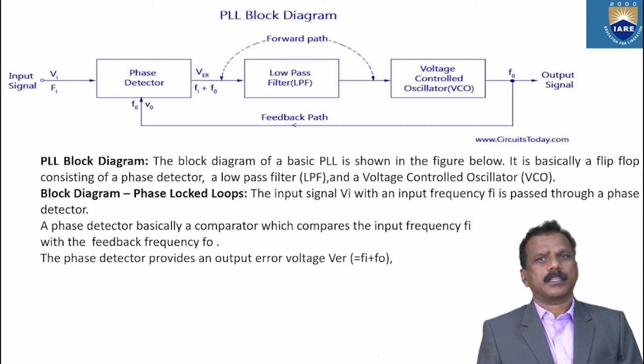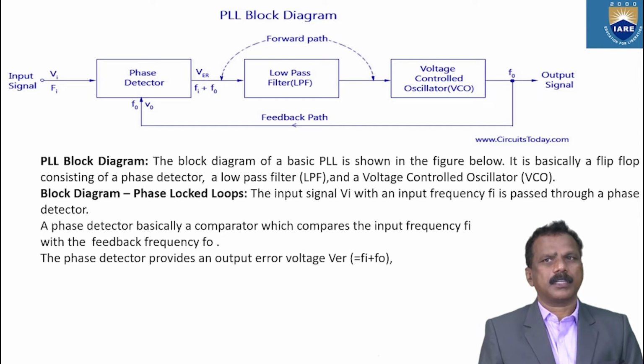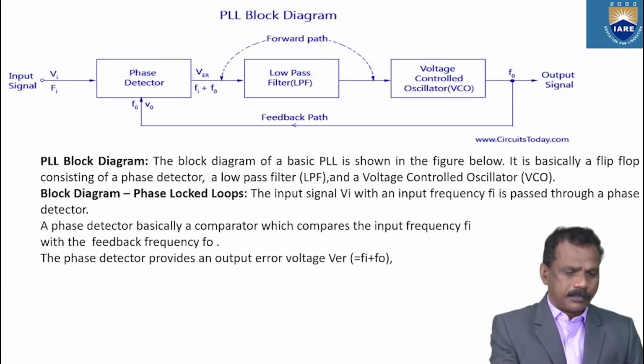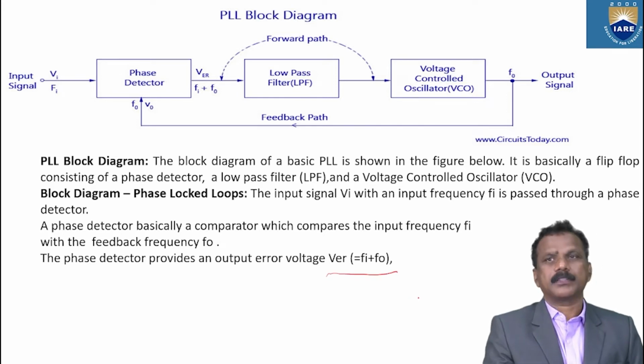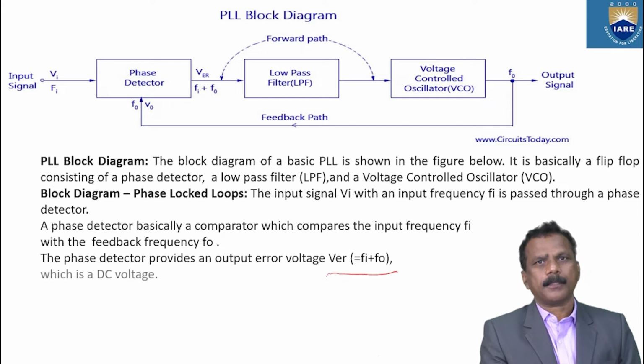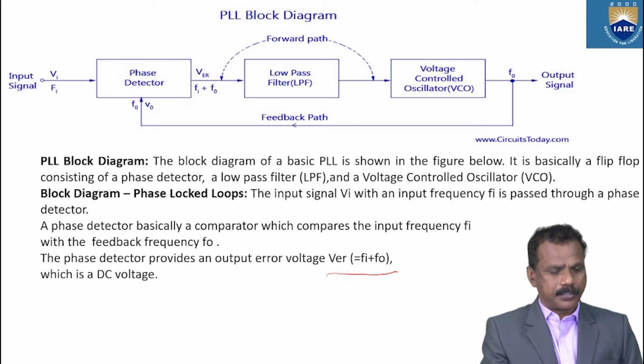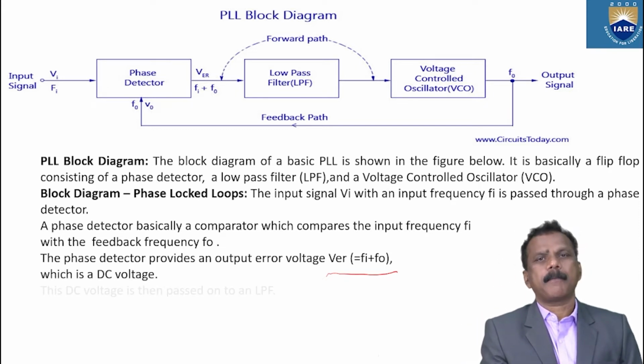The phase detector provides an output error voltage VR, related to Fi plus F naught, which is a DC voltage.